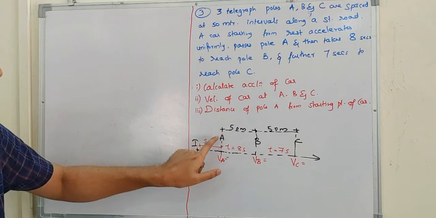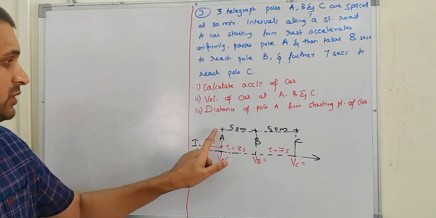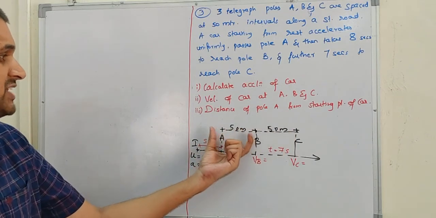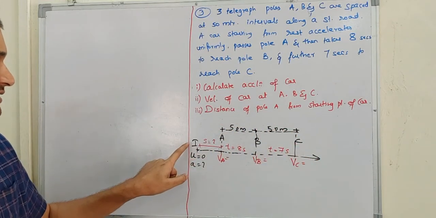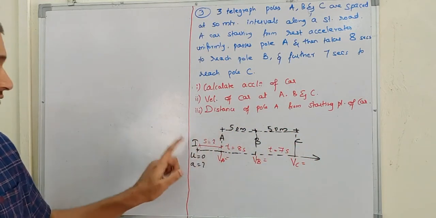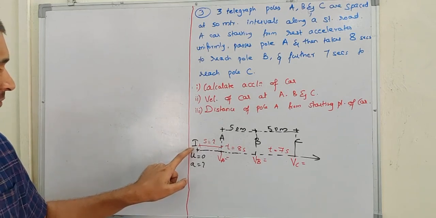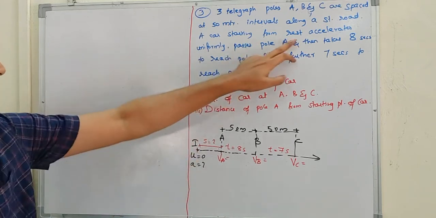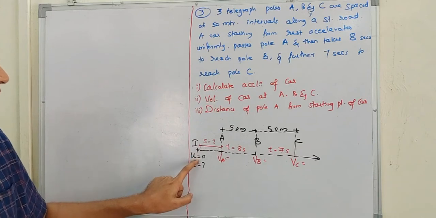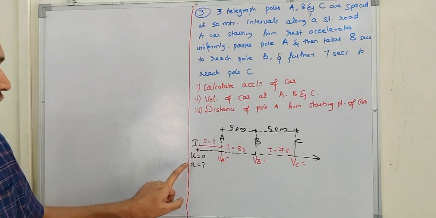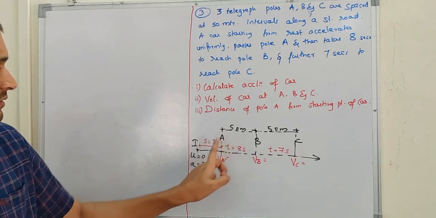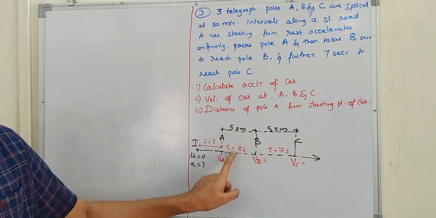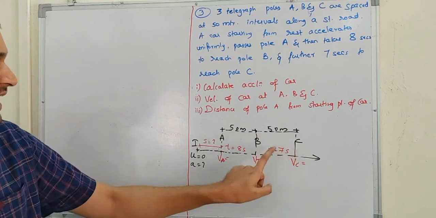So what it says: there are 3 telegraph poles A, B, C which are 50 meters apart along a straight line. The car starts from much earlier, from rest, in the sense that the initial velocity will be 0, and it has a uniform acceleration a. Then it crosses A. To reach B it takes 8 seconds, then from B to C it takes 7 seconds.